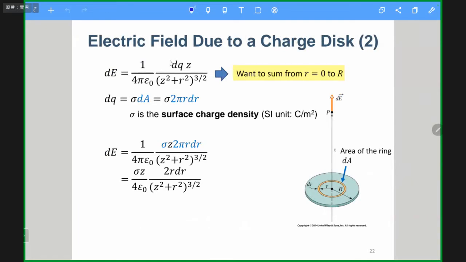Okay, so this is the same expression, and then we sum from 0 to R, which means we do the integration. But of course, before doing the calculation, we need to do some substitution, because this is dq, and we try to integrate over r. So we need to change the variable dq to be sigma times dA.